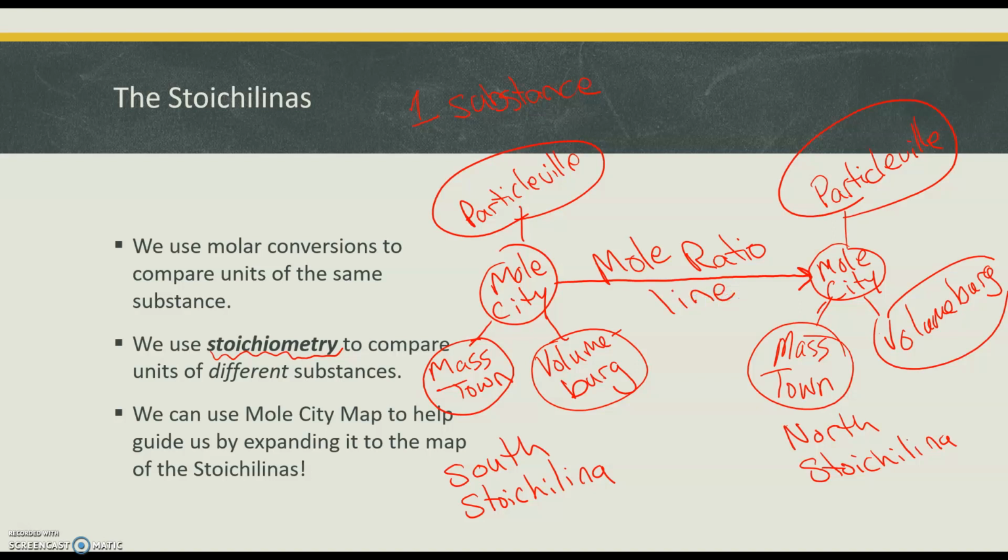Our mole ratio line is the railway to get us between South Stoicholina, or substance 1, and North Stoicholina, which is substance 2. The mole ratio is a comparison of the moles of two different substances.